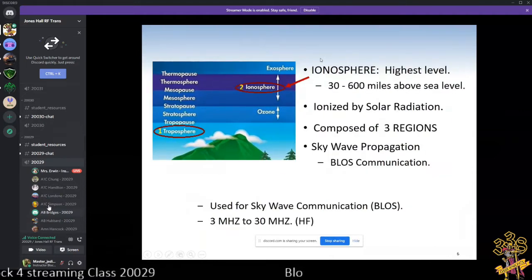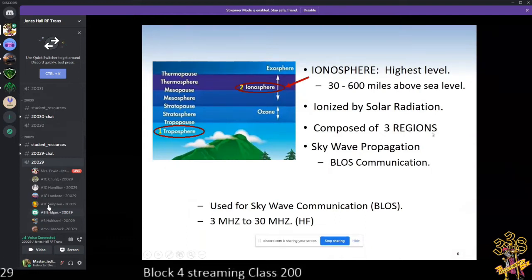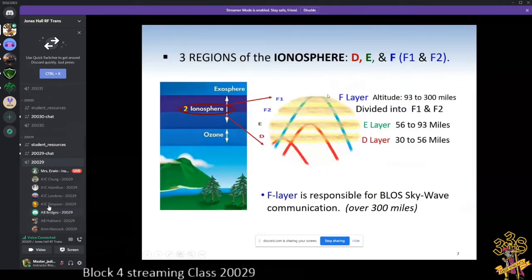Now the ionosphere, that's what we use for HF. It's called the ionosphere because it's ionized by the sun, by the solar radiation. Now, when it is heavily ionized, it will actually have three separate regions, D, E, and F. The uppermost region, the F layer, that's what we want to use for the long haul or long range communication, that beyond line of sight.